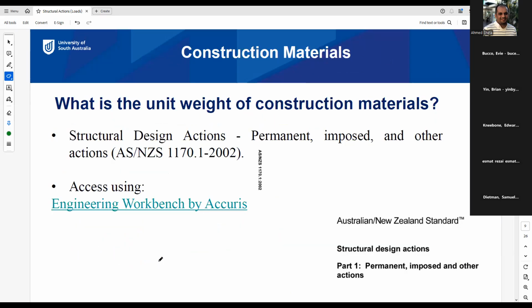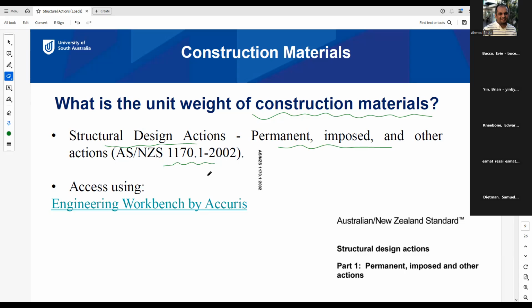Okay, so now this is the part which is important for us as construction managers. What is the unit weight of construction materials? The unit weights of construction materials are given in Australian Standard 1170.1 version 2002.